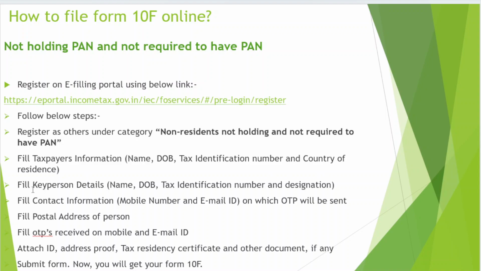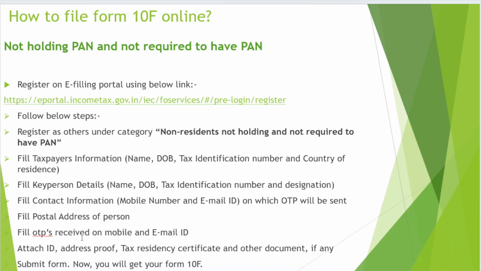After that, on the next tab, they will fill the key person's details: name, date of birth, tax identification number, and designation. In the next tab, they will fill the contact information, mainly mobile number and email ID, on which OTPs will be sent. Hence, please keep this mobile number and email ID handy so that you can fetch the OTPs.